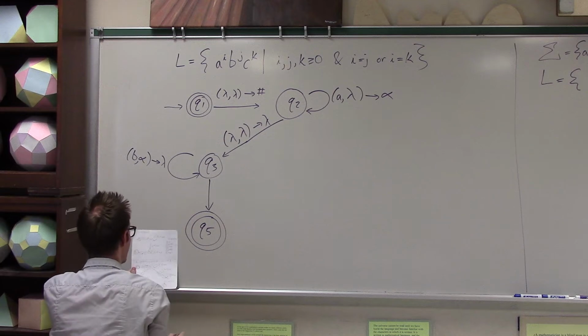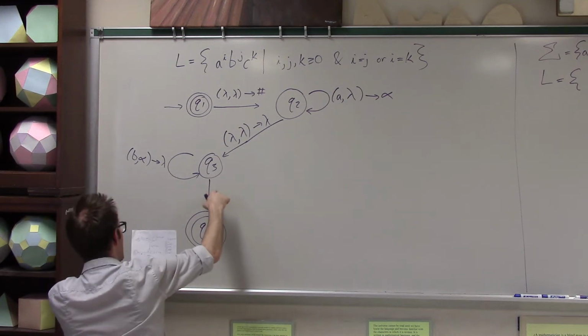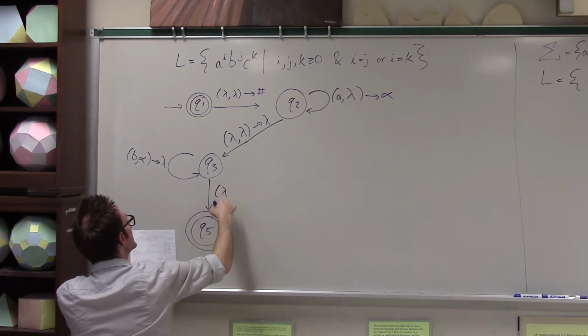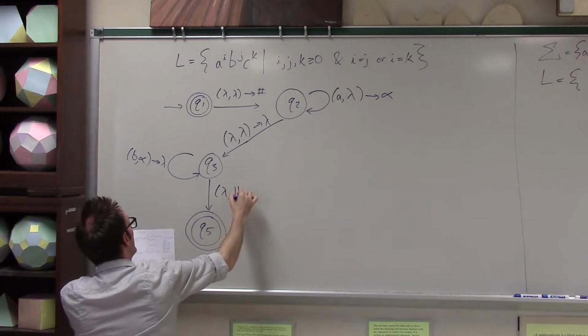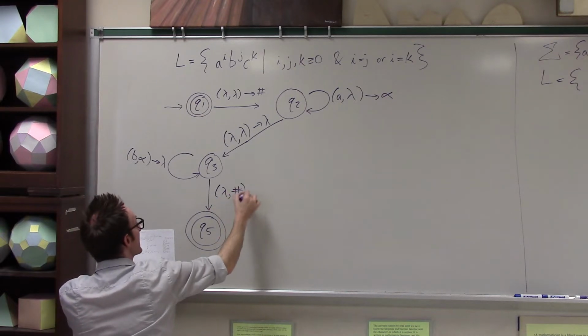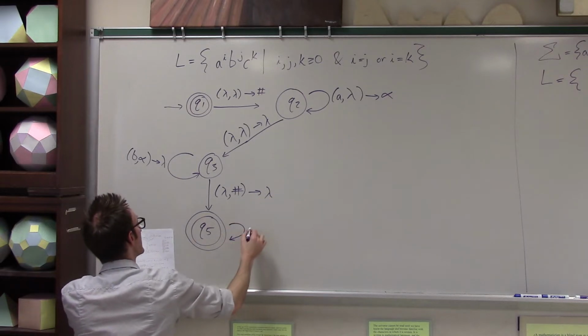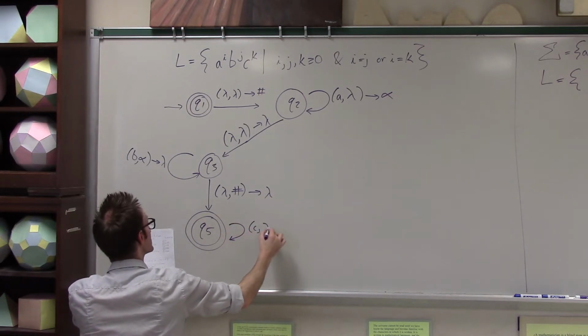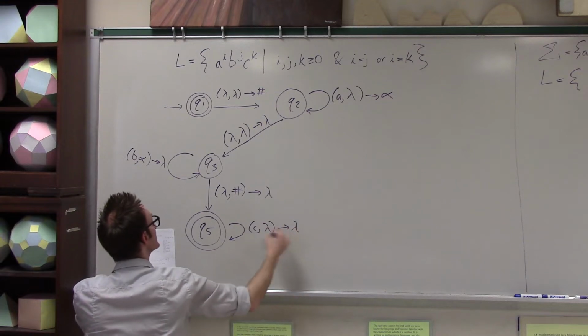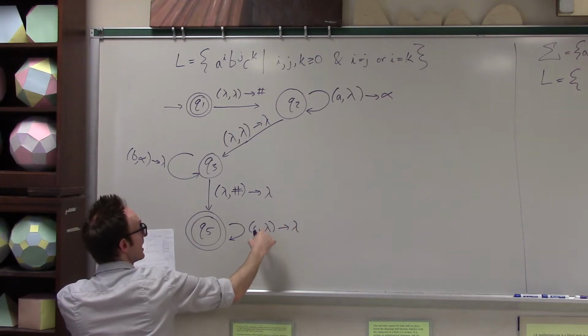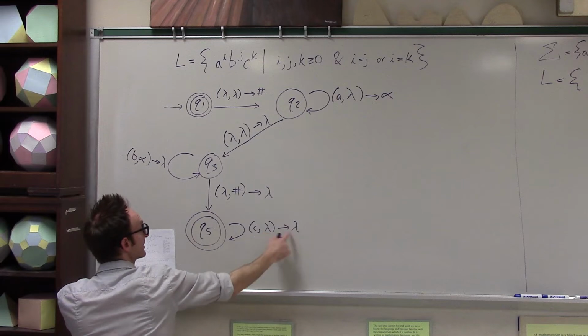But in order to get there, I read nothing, pop the pound sign, push nothing. And here I just stay because the number of C's is irrelevant. So I read C's, pop nothing, push nothing.